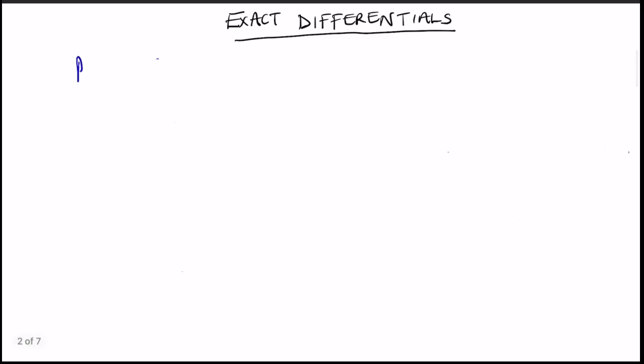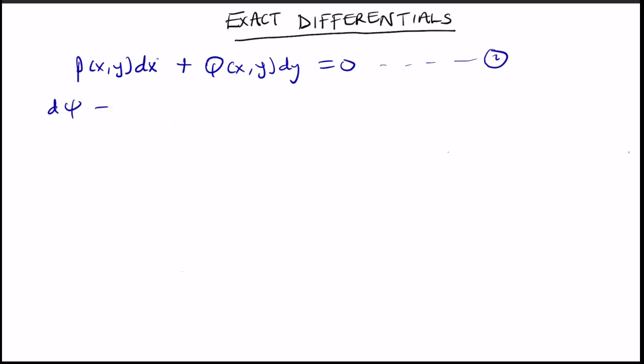Given a differential equation of this form, p of xy dx plus q of xy dy equal to 0, I'm going to call this equation 1. We can easily match equation 1 with this equation: dψ is del psi del x dx plus del psi del y dy equal to 0.